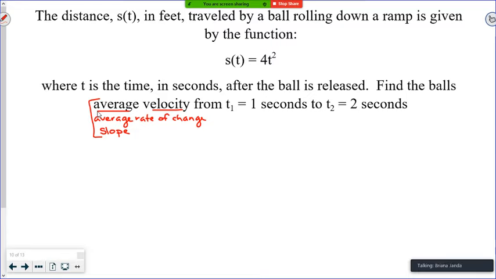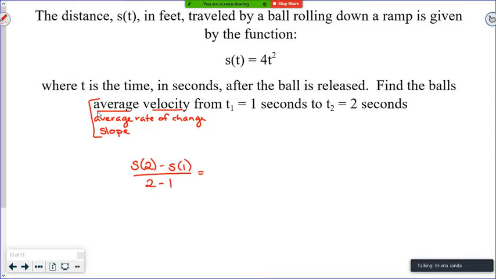So if I follow my fancy mathematical way of setting this up, I would say they called their function s. So I would say s of 2 minus s of 1 over 2 minus 1. I'm going to show you the fancy way first, and then the more slope formula looking way second, okay? Now our function s is 4t squared.